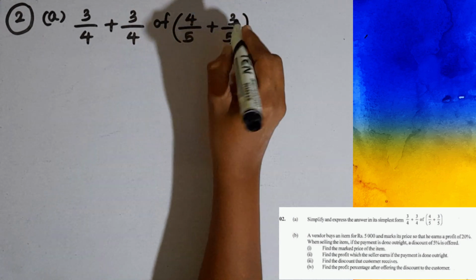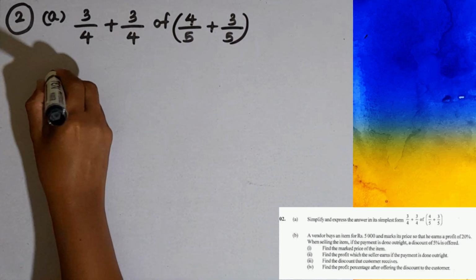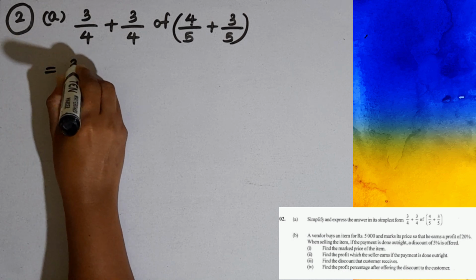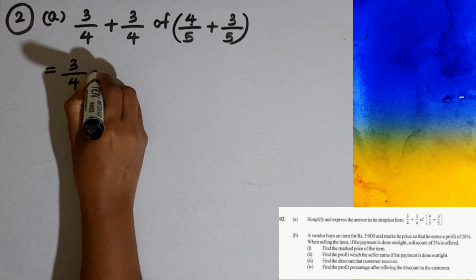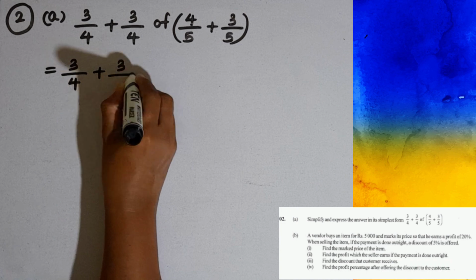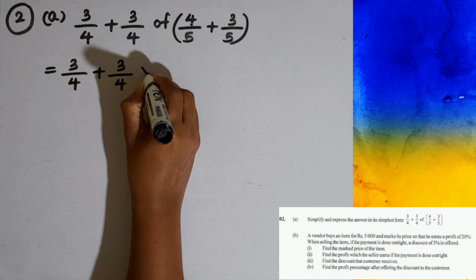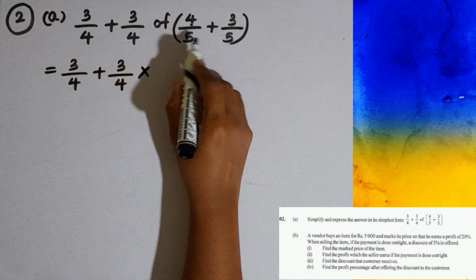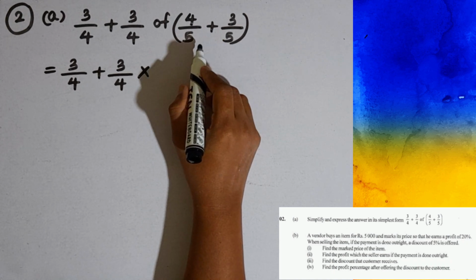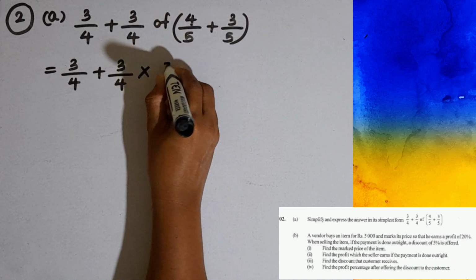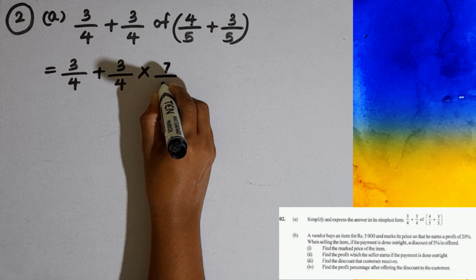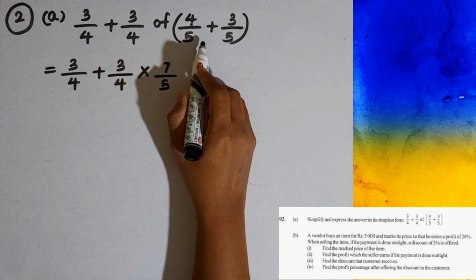First we have to do the operation inside the bracket. So I can write 3 over 4 plus 3 over 4 of, which means multiplication. Then if I add the two fractions inside the bracket, you get 7 over 5 here.